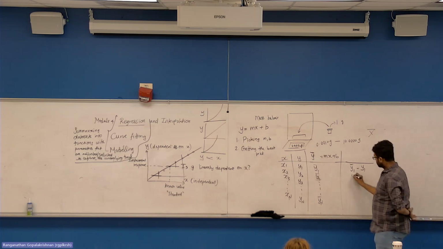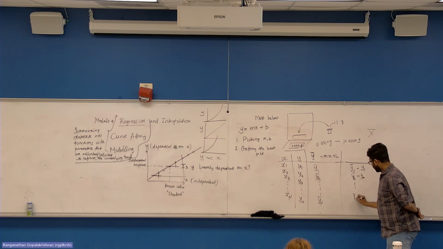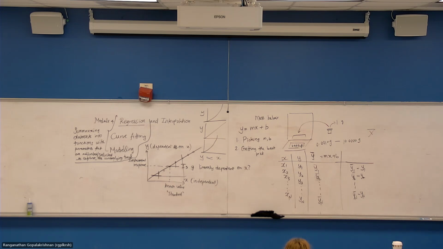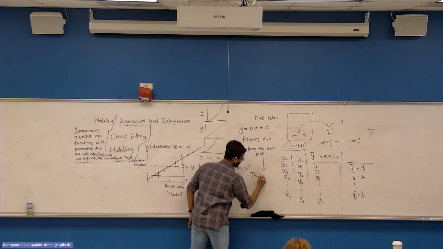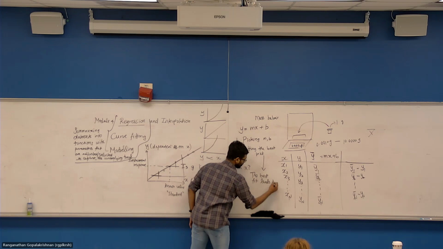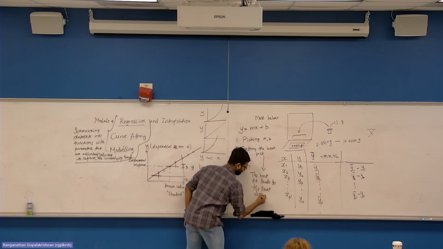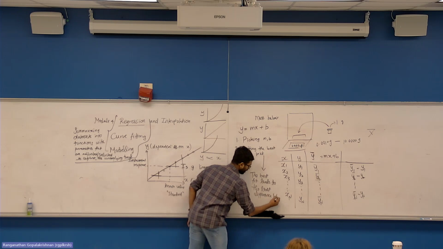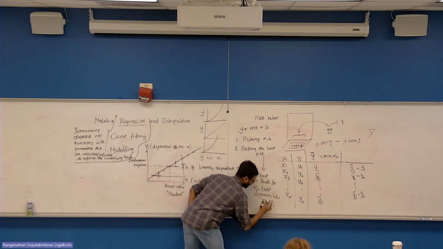And I can say this is y2 bar minus y2, yn bar minus yn. Remember, the best fit leads to the least difference between yi bar and yi.